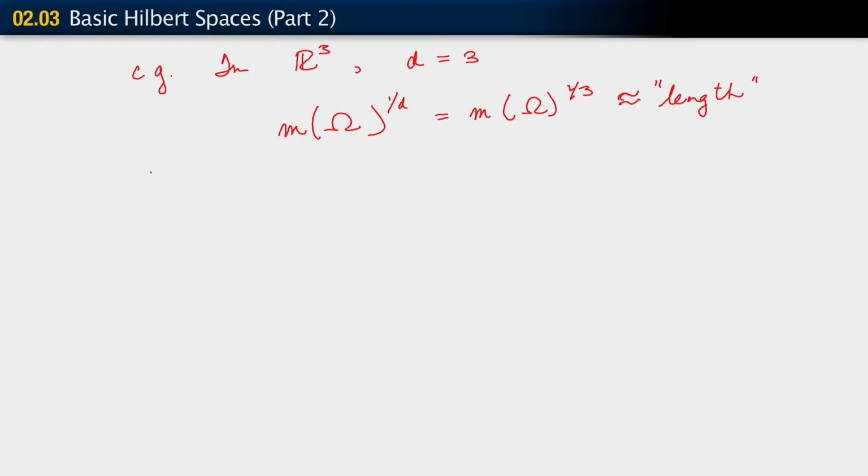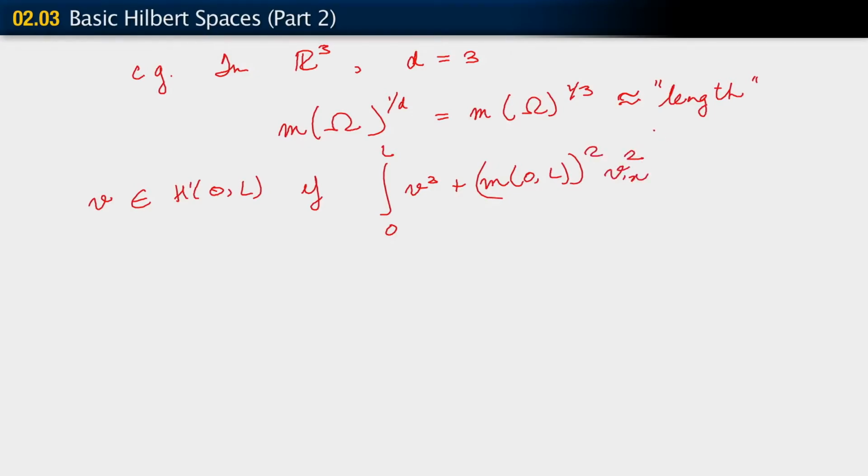But then let's get back to our H1 functions. So v belongs to H1 on 0, comma L if the integral of the function squared plus, now let me write it differently, the measure of 0, comma L, squared v comma x squared, the whole thing dx, is less than infinity.